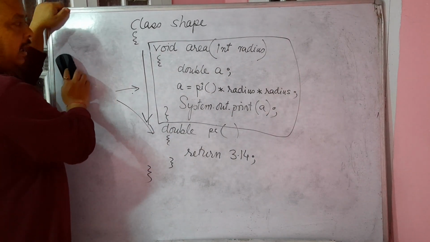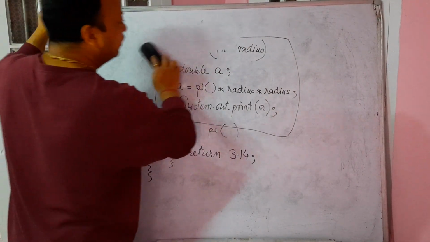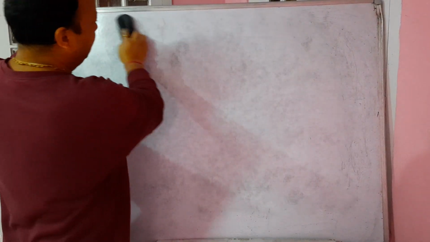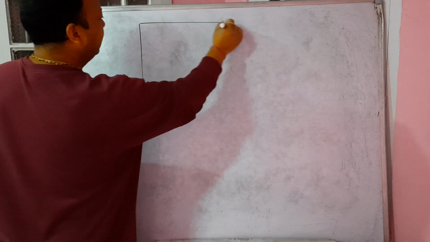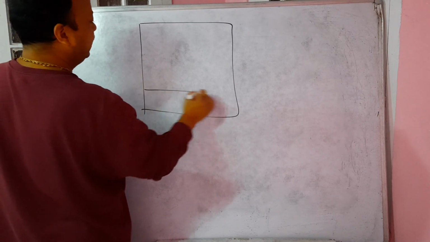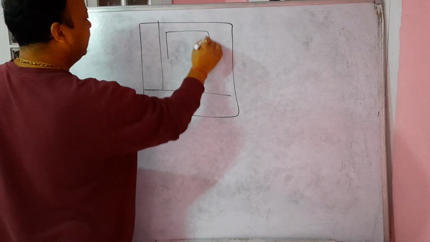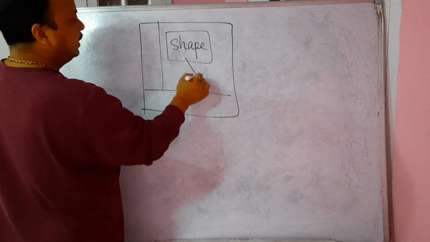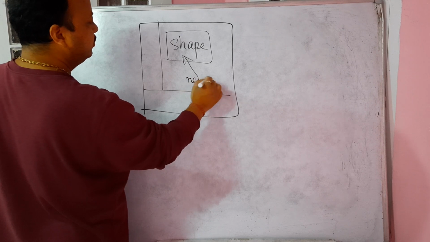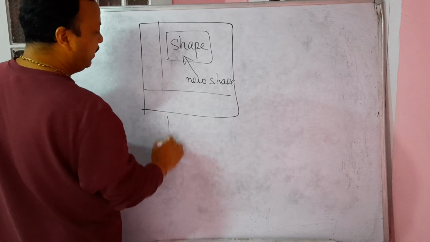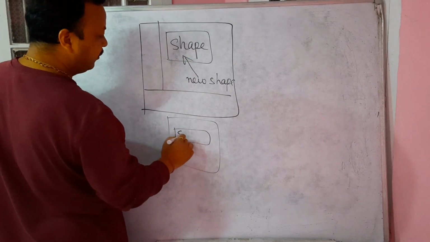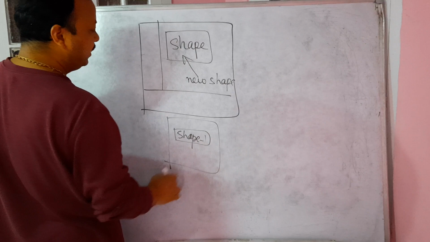So let us look at how we are going to execute it. Here you have the BlueJ screen, and this is where you have the class, and this time the name of the class is shape. As I told you, right click and choose new shape, and it will pop up another dialog box with a default name which may appear as shape_1.